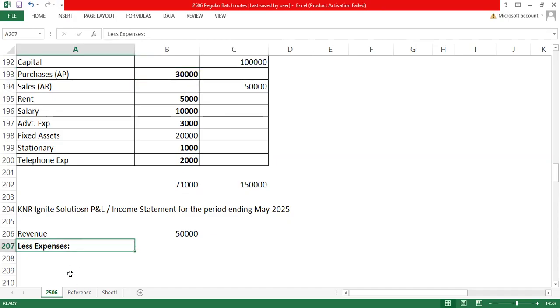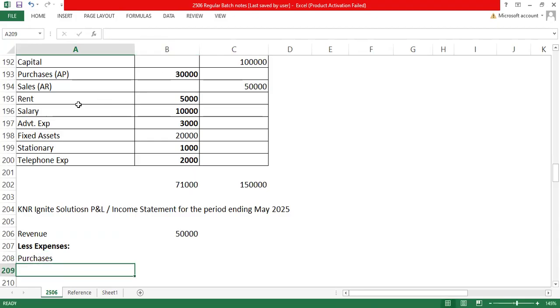Now, whenever you prepare your profit and loss account, you first always take your revenues amount. From your revenues, let's say you made total sales of 50,000. To achieve this 50,000, what are the things that you have spent? That is what you need to understand now. Now you put purchases.